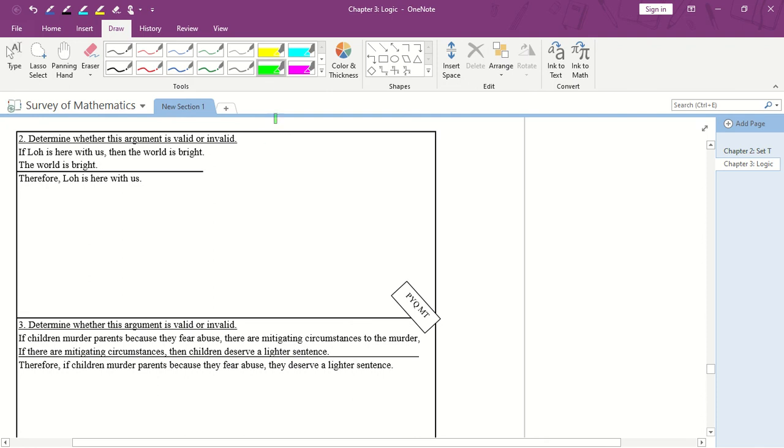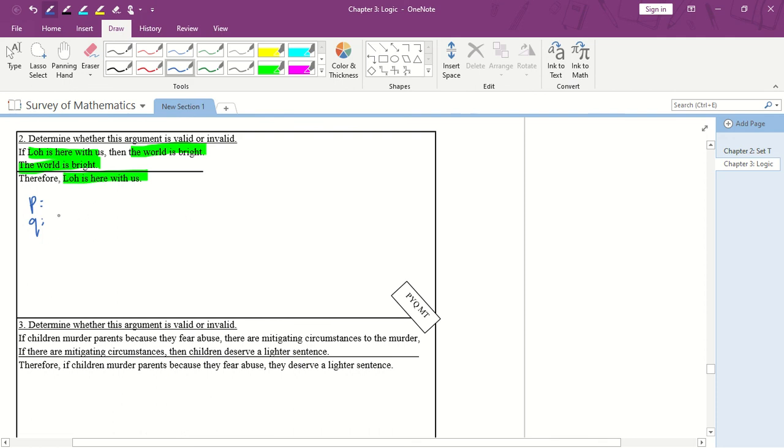Determine whether this argument is valid or invalid. Here the question says: if Lo is here with us, then the world is bright. The world is bright. Therefore, Lo is here with us. Now remember P, Q. We have two things right here, and now we need to write it down.